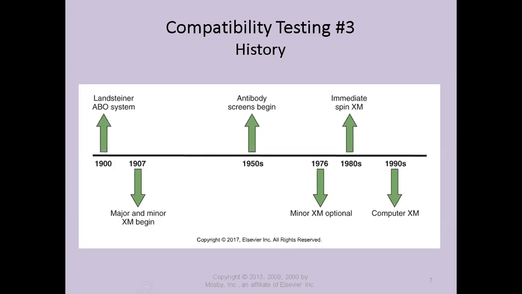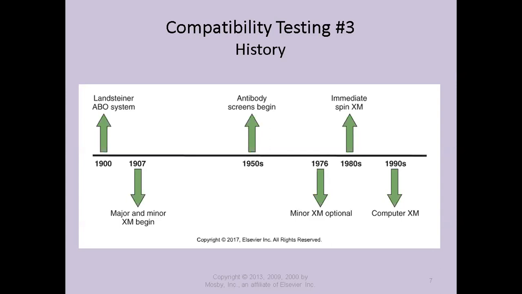Basically, when someone got a transfusion, they got a transfusion of whole blood. So it better be the same ABO type, ABO identical, right? If you're getting whole blood, you're not only getting red cell ABO antigens in that transfusion, but you're also getting ABO naturally occurring antibodies in the plasma that those red cells are suspended in.